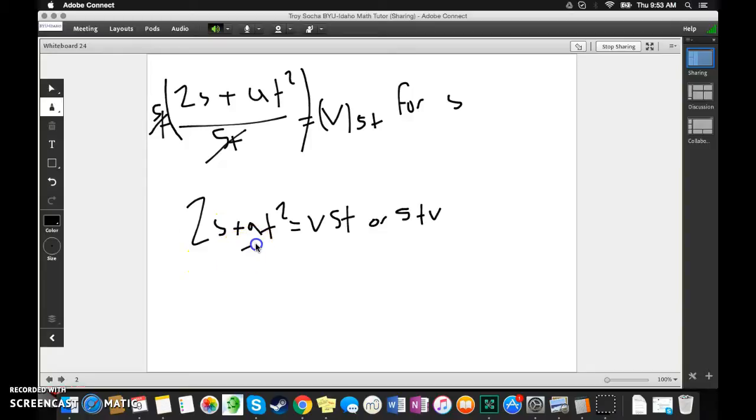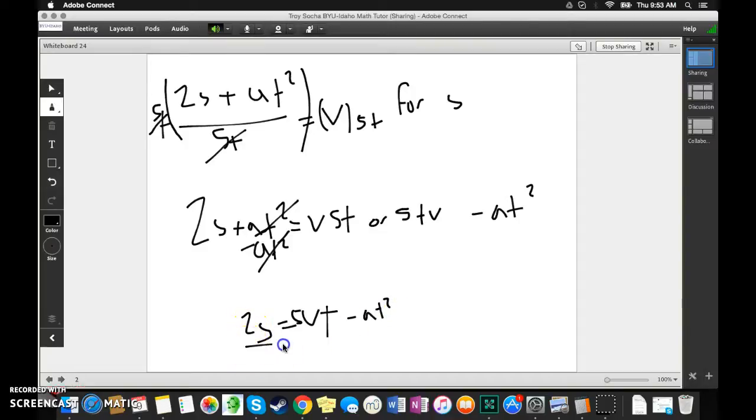That means we need a minus at squared to cancel out at squared. If you remember, it's a whole unit, so we can cancel and move it as a unit, which gives us 2s equals 5tv minus at squared.